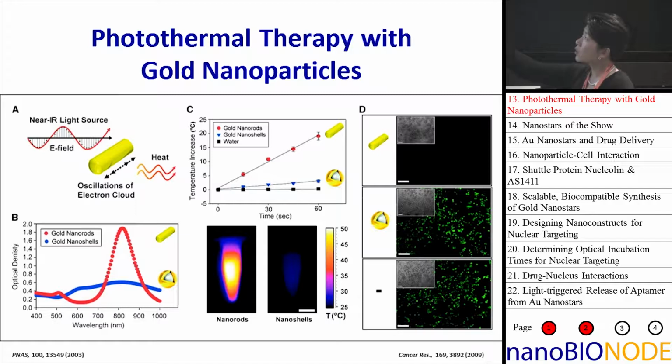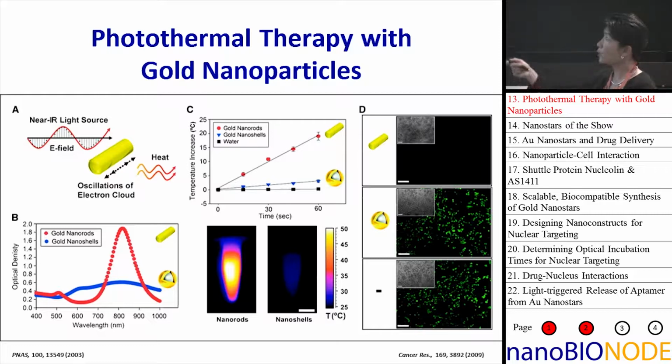But what's interesting is you can look at the temperature profiles. And so if you're shining near infrared light, what's called continuous wave excitation, on the solution of the rods and the solution of the nanoshells, you get a much larger temperature increase for the nanorods compared to the shells.